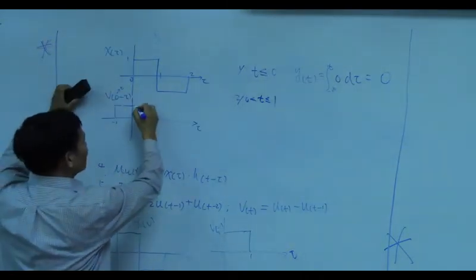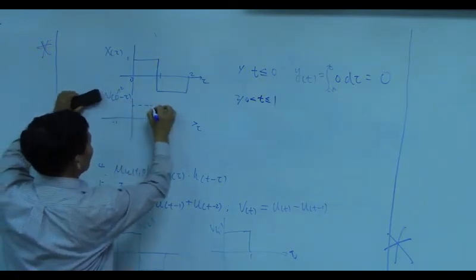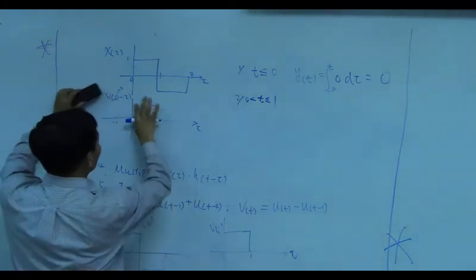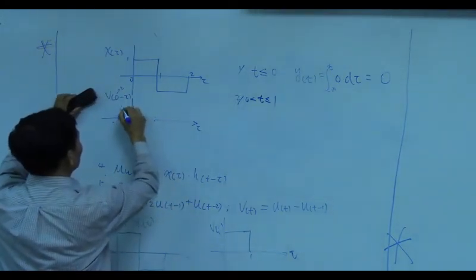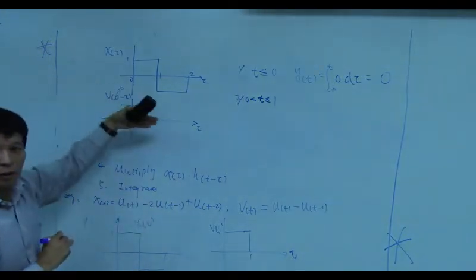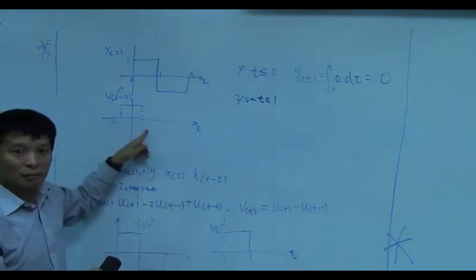T equals 1, this is gone. It will be like this. If t equals 0.5, it will look like this. We shift this signal to the right by 0.1 second, then the signal will look like this.